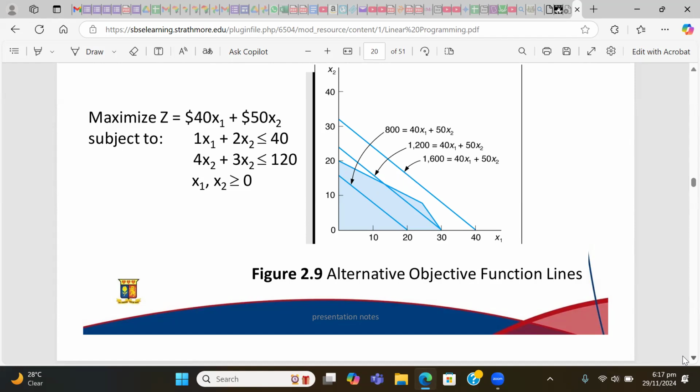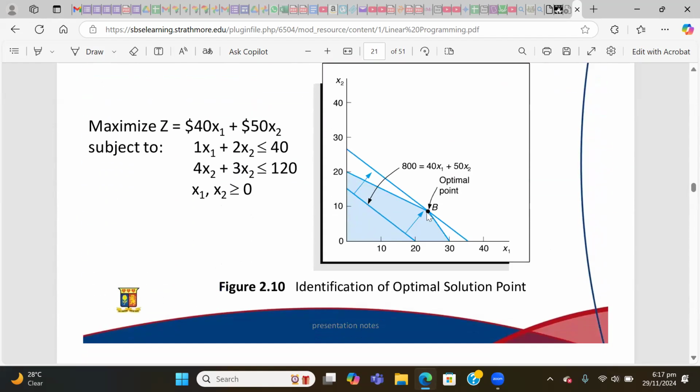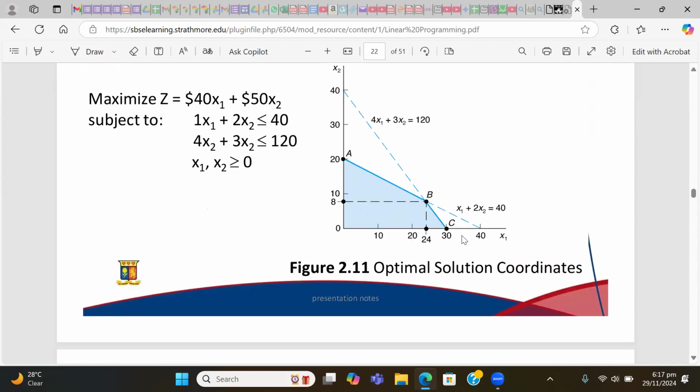What you will find if you were to do this experiment on your own is that if you were to take this point exactly at B there, and I think to read off that point, yeah, the point B is 24, 8. If you were to take those two values and put them inside the z value, you will have the maximum value of z subject to all these conditions about labor and how much clay is available.